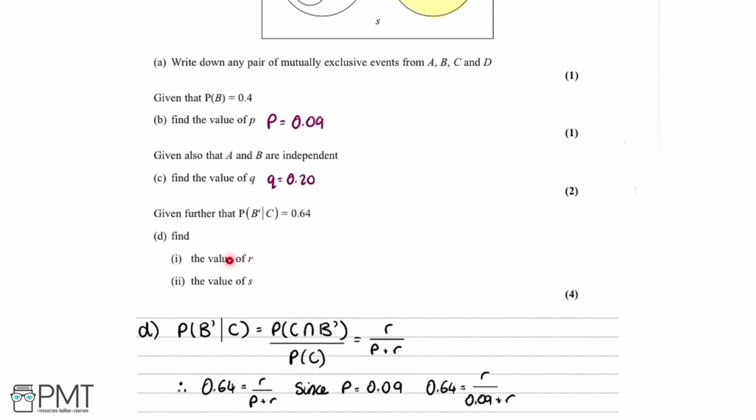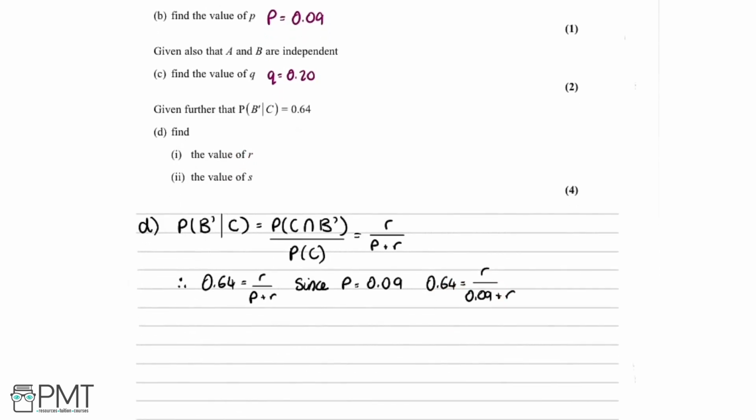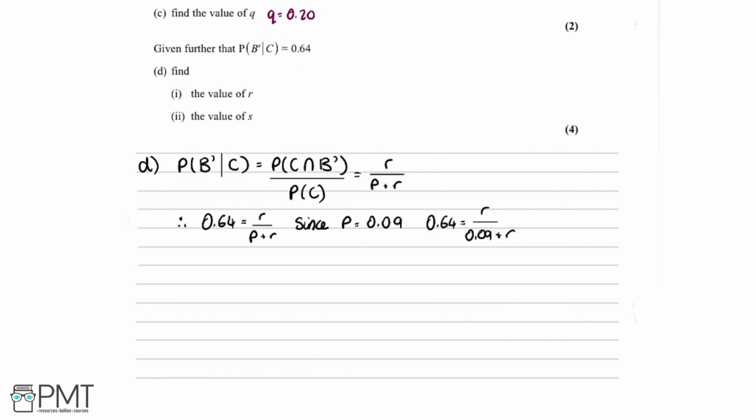To work out the value of R, we just need to rearrange this and make R the subject. So first, if I multiply through by the denominator, we have 0.64 multiplied by 0.09 plus R is going to equal R. If we multiply out these brackets, we have 0.64 multiplied by 0.09, which is 0.0576, then multiplying through the 0.64 and the R, plus 0.64R, and that equals R. So if we take away 0.64R from both sides, we get 0.36R equals 0.0576.